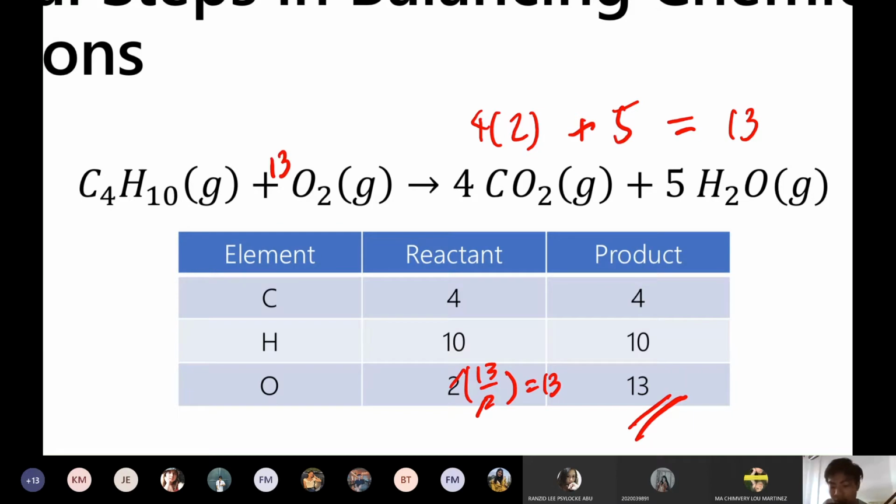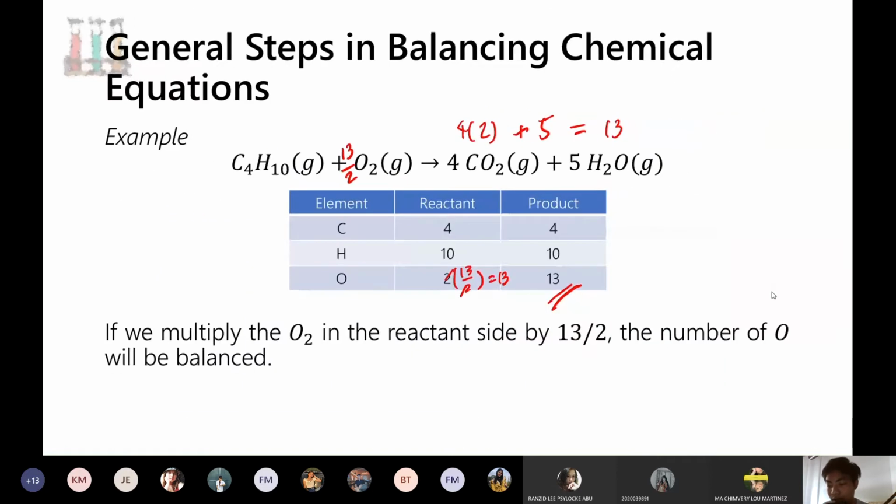So, 13 halves yung magiging coefficient ng oxygen. So, ganun yung case. Again, kunwari, odd number to, even number to, tas gusto mo gawing odd, para mag-balance sila, you have to use fractions. So, yan, 13 over 2. Balance na yan. Okay?